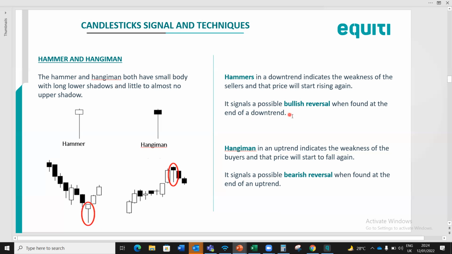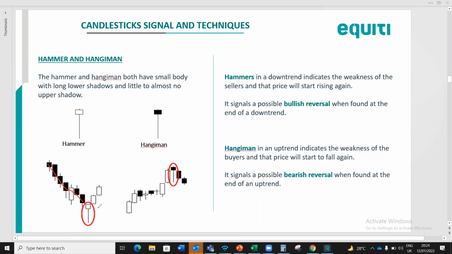It signals a possible bullish reversal when found at the end of a downtrend. All right, that is the hammer. Once you find the hammer at the end of a downtrend, it signals that there could be a possible bullish reversal. The market was selling, just like we have in this image, and then we got the hammer at the end of this downtrend.